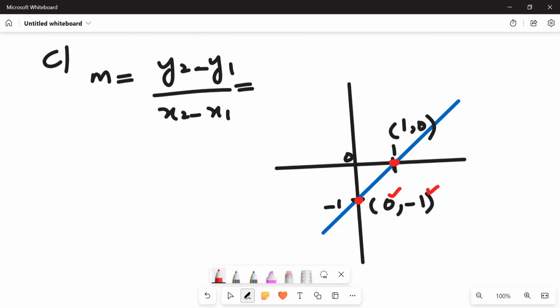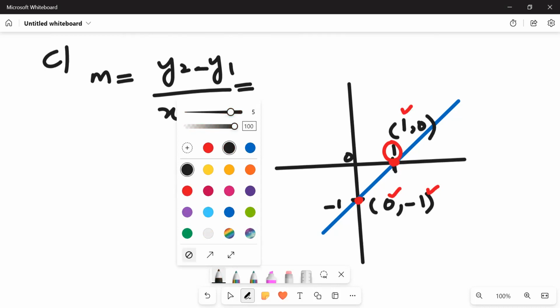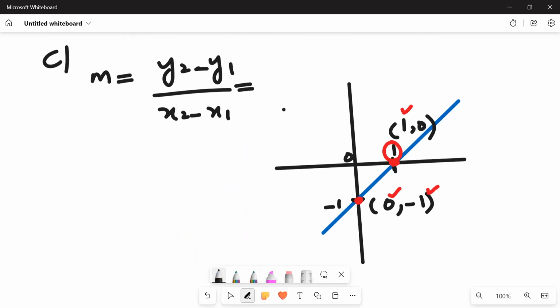Here x is 1 and y is 0. Then we put these points in the gradient formula: (0 - (-1))/(1 - 0), so it will be 1/1, that is 1.